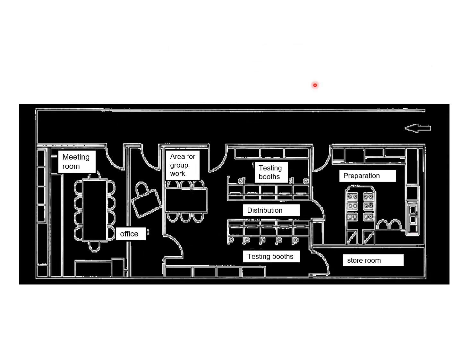This can be like a map for the test room, which should be free of any distractions from the environment. This is the storeroom, and this is where they prepare the food or the product, and this is the testing booth, and also this is a testing booth, and this area is for group work, and this is the office, and this is the meeting room.